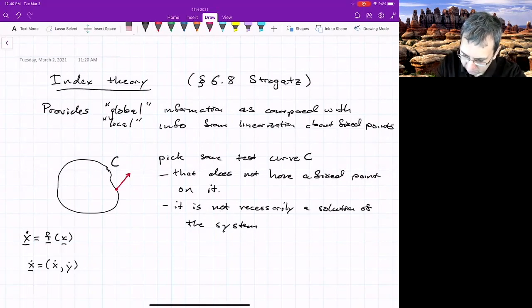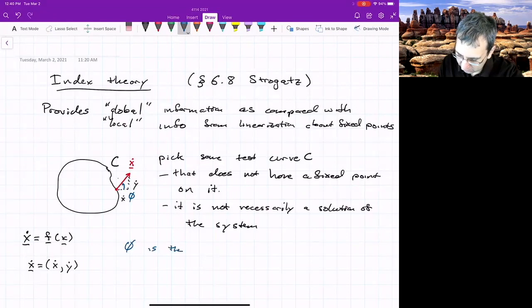So here's our vector. And it's got a little x dot component and a y dot component. This angle that we'll call phi is important. So phi is the angle the vector makes with respect to the x-axis.